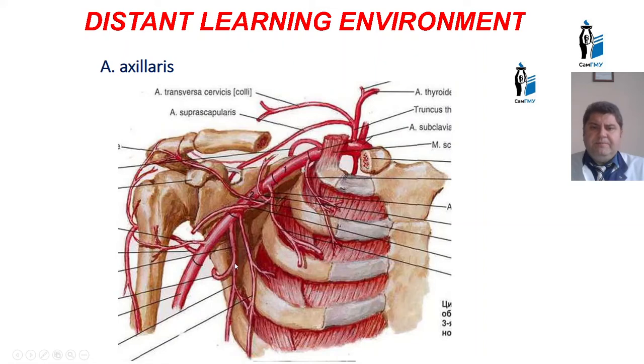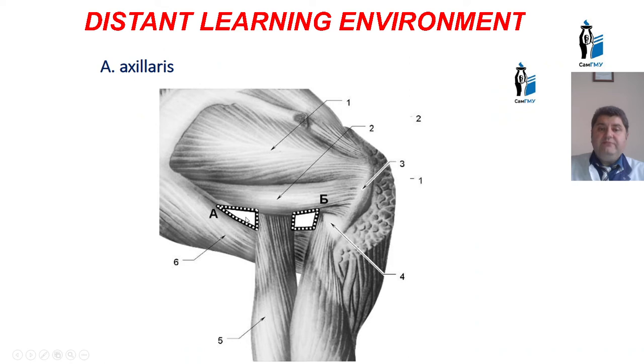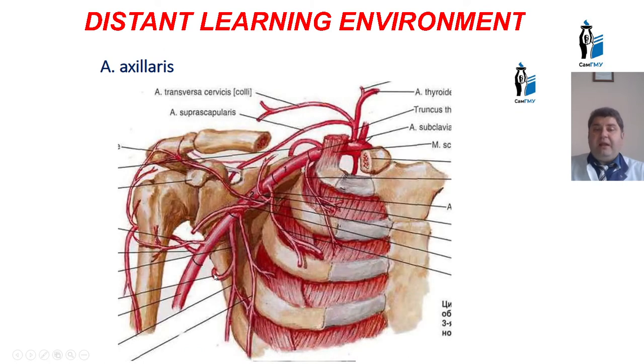So you may see two main branches here, and one of them, arteria circumflexa scapulae, circumflex scapular artery, passes to the posterior side of scapula over the triangle-shaped foramen, and it forms the arterial plexus at the posterior side of scapula, inside the infraspinatus muscles, teres major, teres minor muscle, and also the supraspinous muscles.